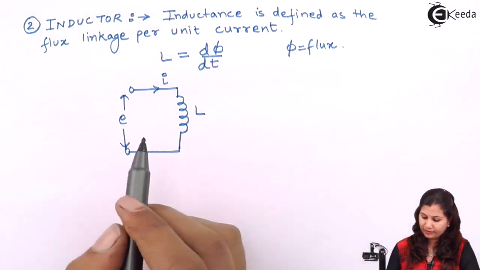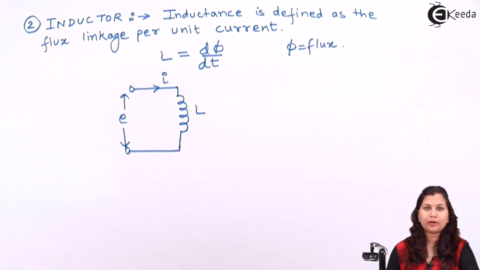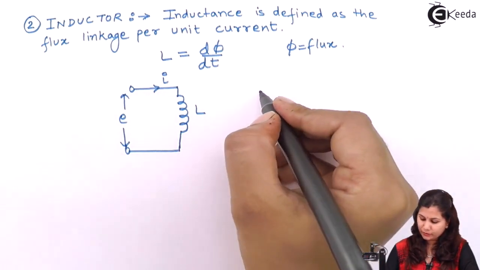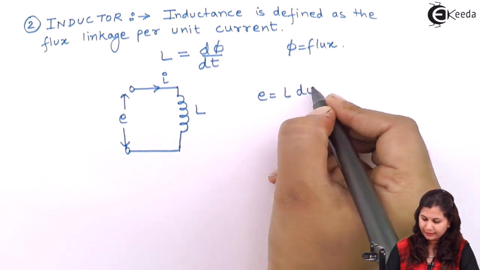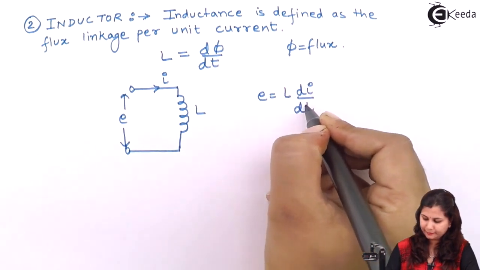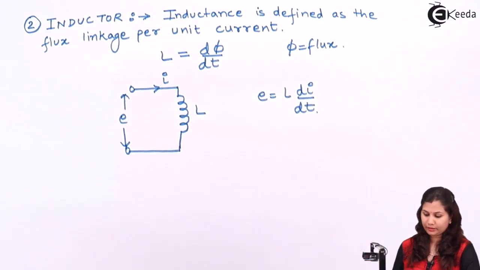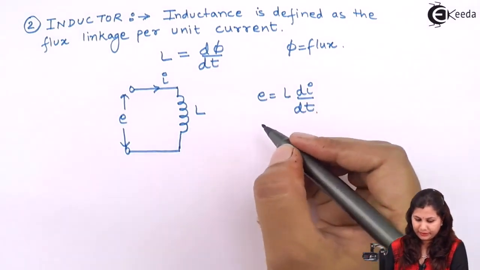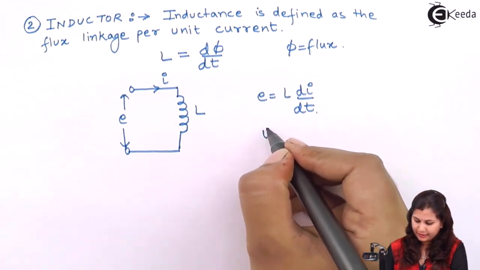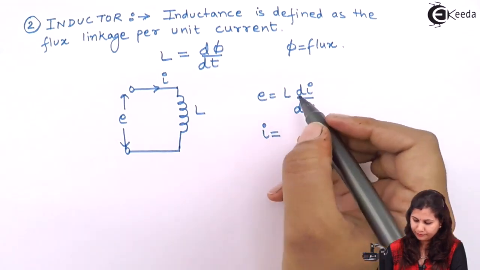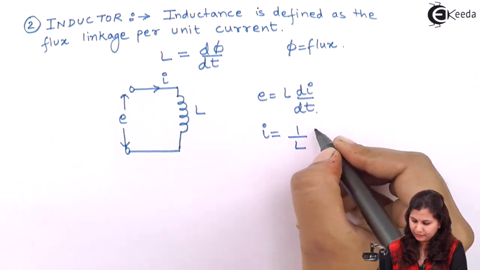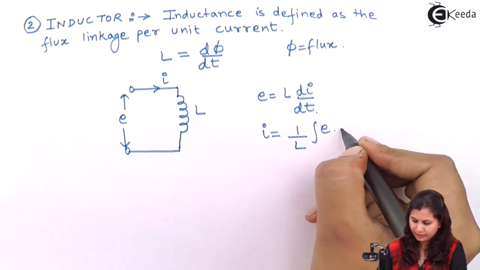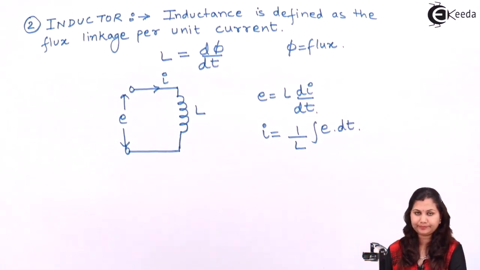The voltage drop across the inductance is given by E equals L di by dt, or I equals 1 by L integration E dt.